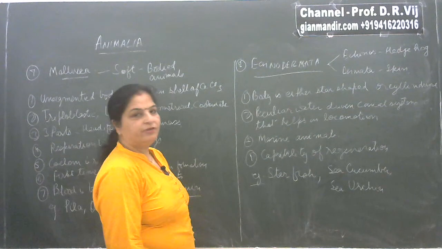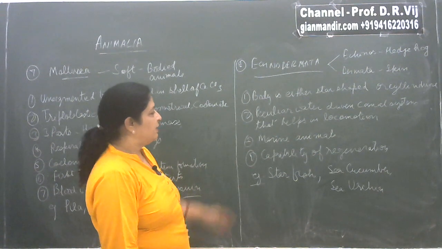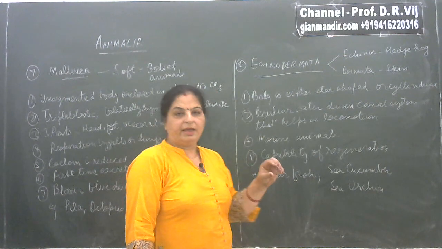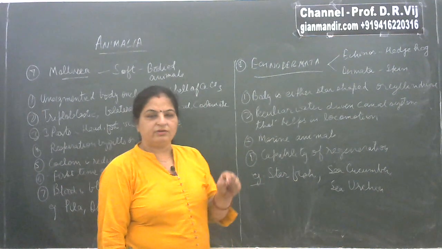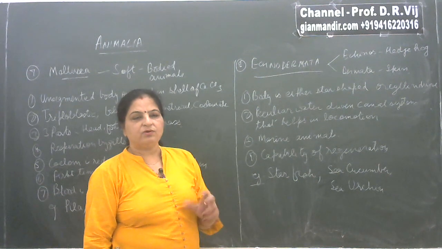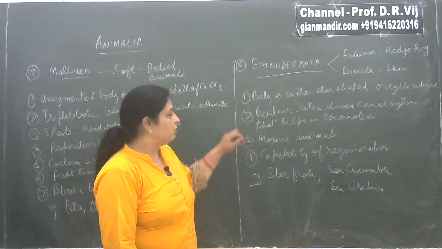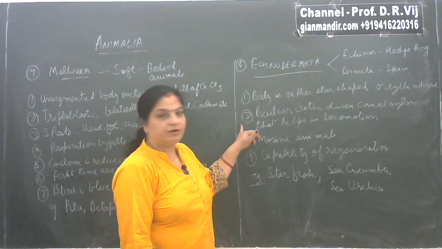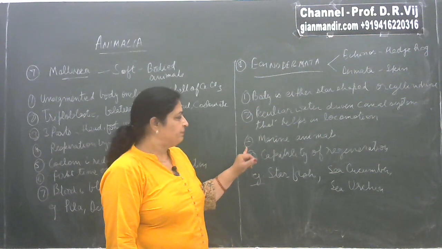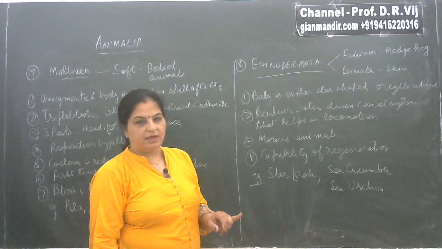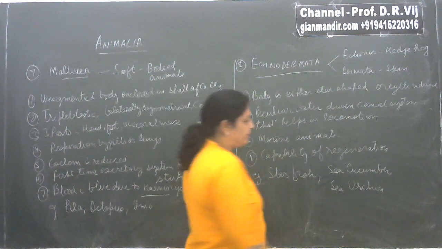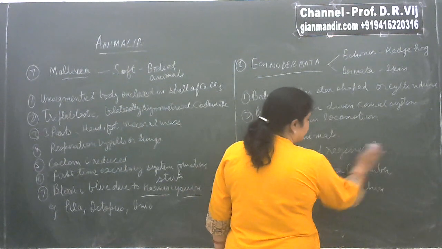Echinodermata are having hedgehog skin, and their body is either star-shaped or cylindrical, and in all body there is a fine tube-like structure through which water flows, and this flow of water helps them in locomotion. So they have a peculiar water-driven canal system that helps them in locomotion. They are the marine animals again, and they have got an additional capability of regeneration.